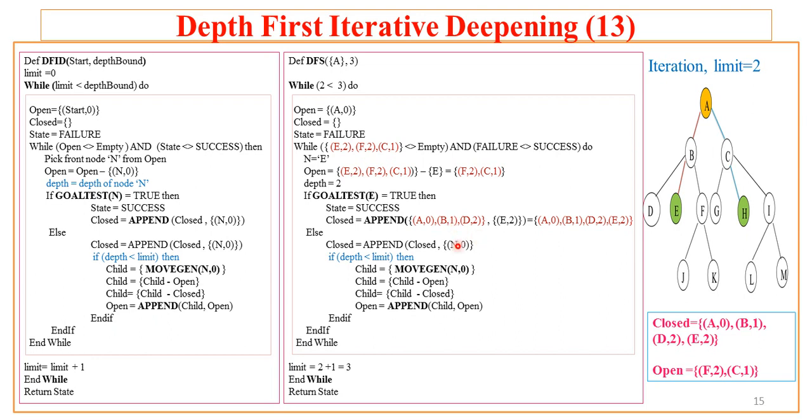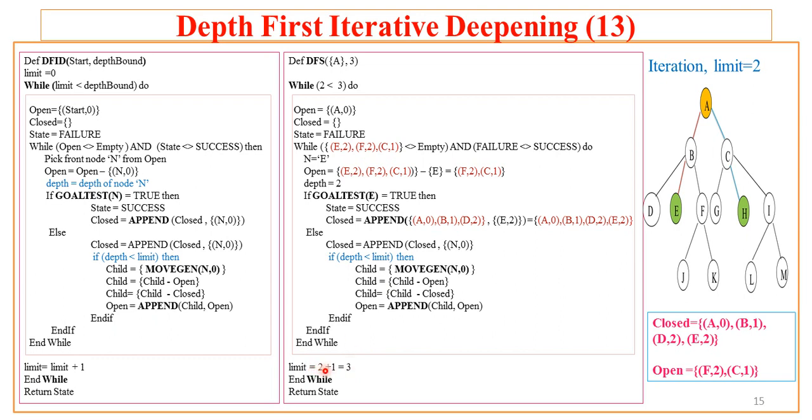Here with this information it will try to iterate the inner while loop, as at this point of time open has only two nodes F and C, but the state has changed, which is success. So this condition fails and the inner loop is terminated.